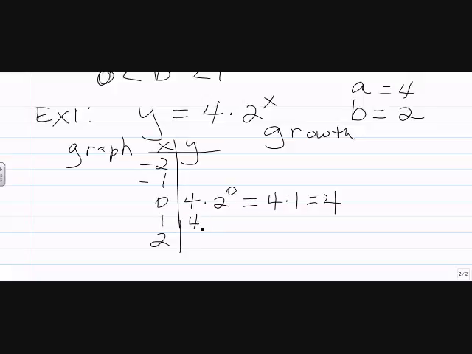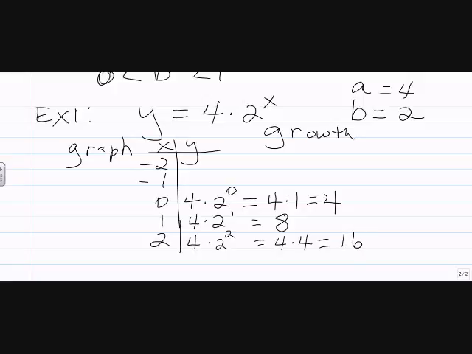Alright, so now I'll calculate when x is 1, 4 times 2 to the first power, that's 8. 4 times 2, now we'll go to the second power, is 4 times 4, which is 16.